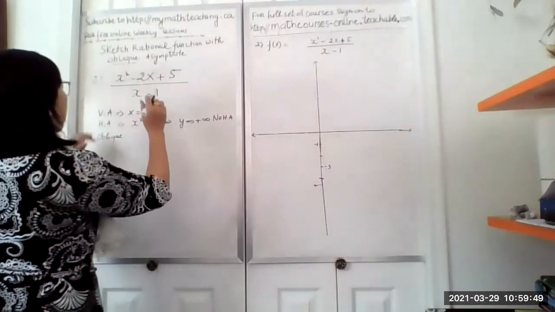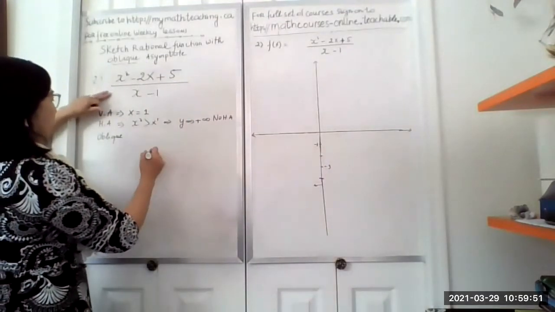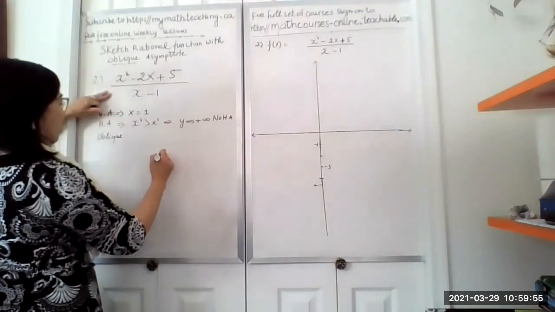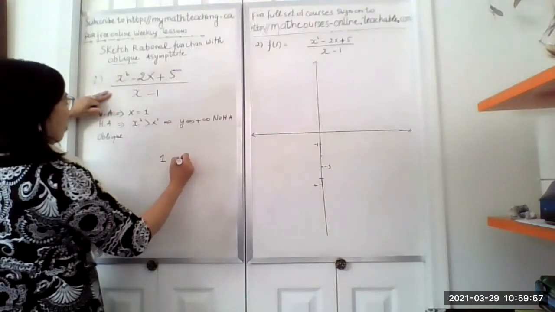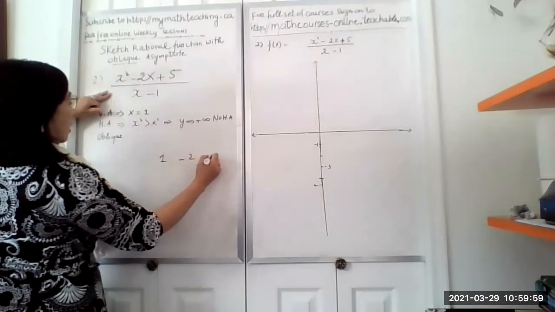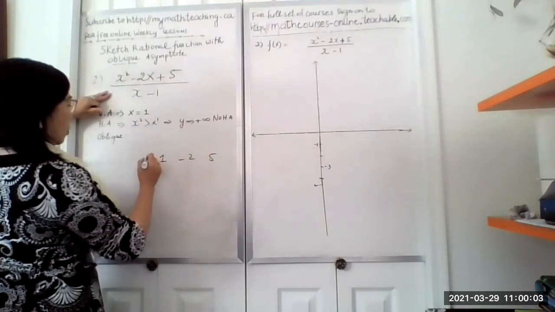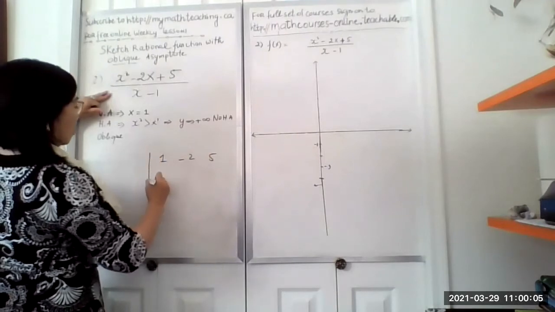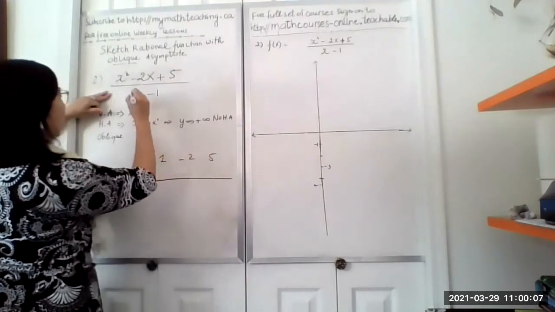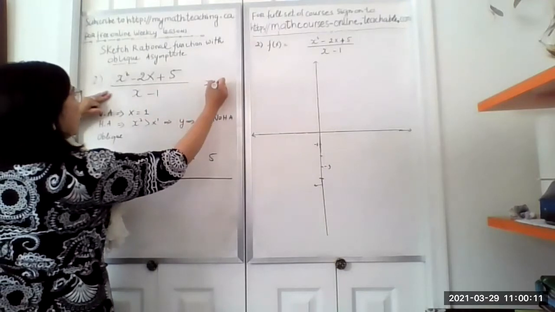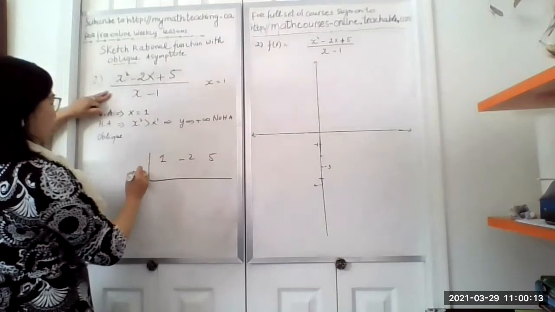So synthetic. For dividing by synthetic, we just take the coefficients and ignore the x, right? So we have 1, minus 2, and 5. Now we're going to divide by the factor, x equal 1, so we divide by 1.